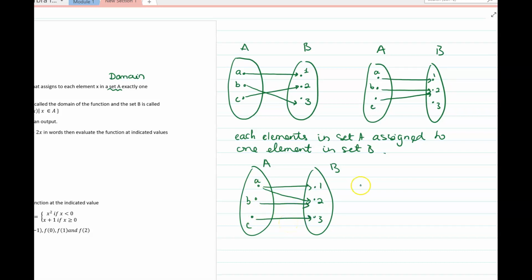As you can see here, A is assigned to both 1 and 2. Therefore, this is not a function.